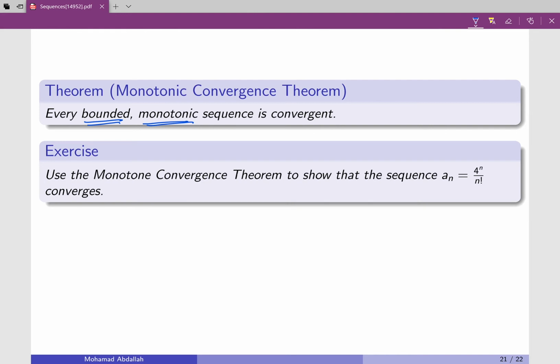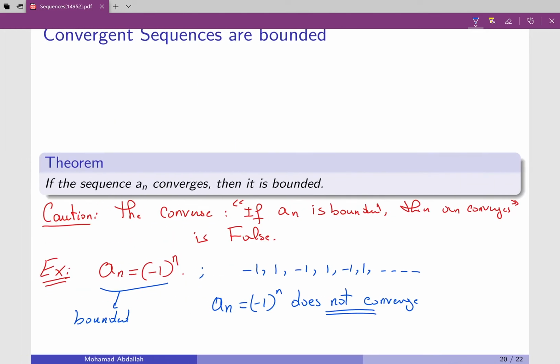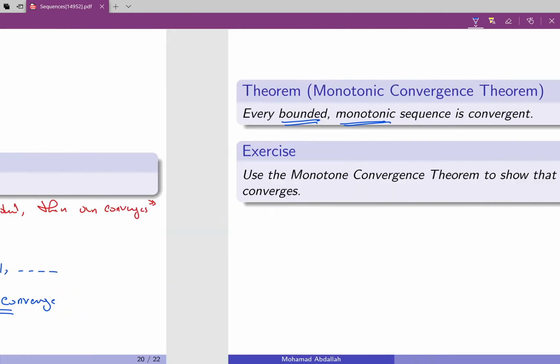That means if it's bounded and increasing, or if it's bounded and decreasing, then I can guarantee that it's going to converge. Here you can see that my function was not increasing or decreasing because it increased, decreased, increased, decreased, and so on. So it doesn't have a range where after that range it will be always increasing or always decreasing.